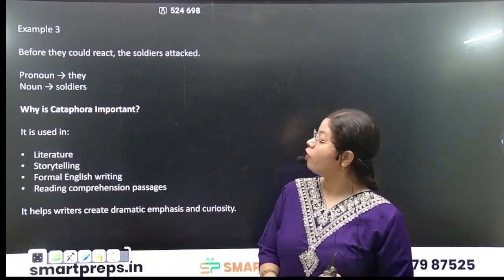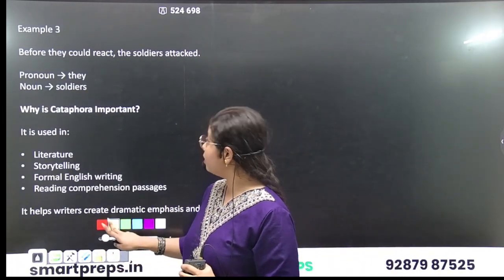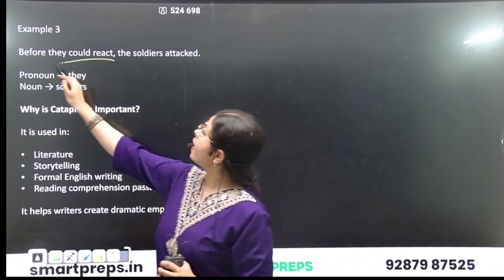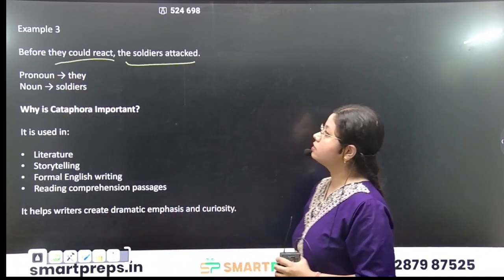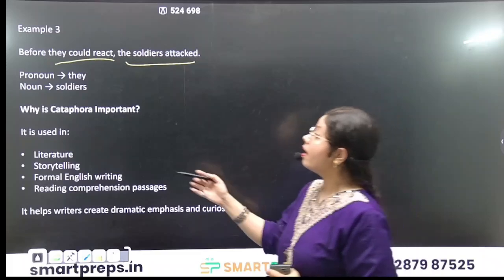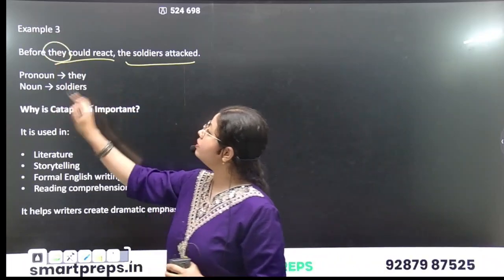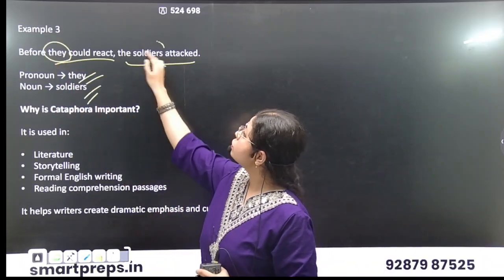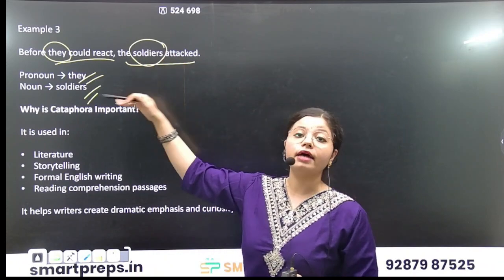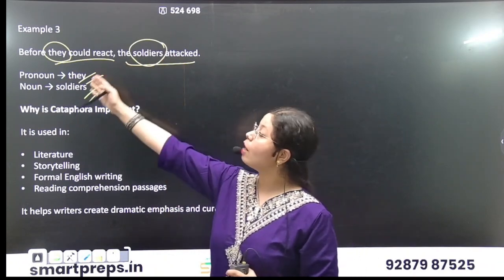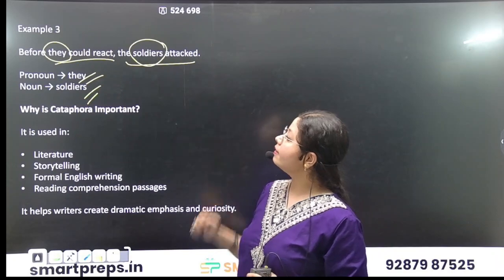Now let's move forward with another example: before they could react, the soldiers attacked. Here the pronoun is they, the noun is soldiers. This is also another example of cataphora where the pronoun is placed in the first place and then the noun.